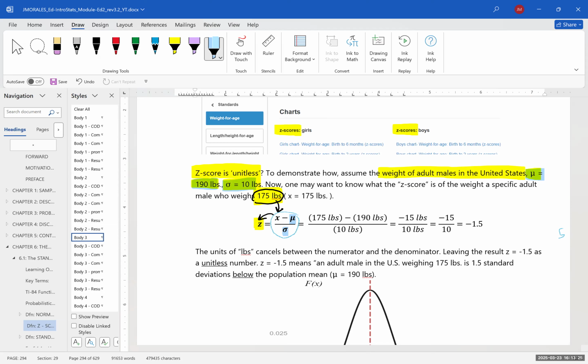So taking the values that we were given and plugging them into the z-score equation, you can see that we substituted for x 175 pounds. For the population mean, we substituted in 190 pounds because that was given. And for the population standard deviation, we substituted 10 pounds, which is what was given.